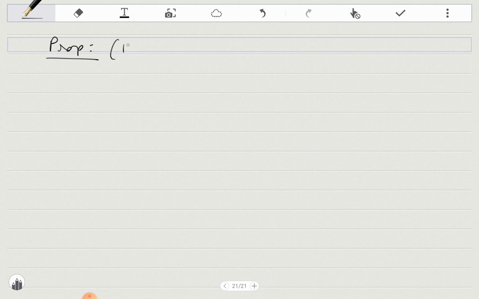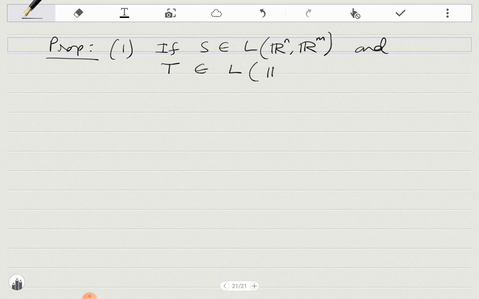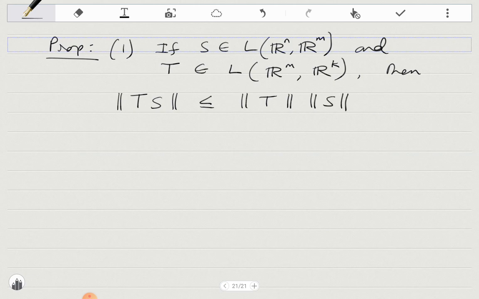Now let's note one very crucial property. If S belongs to L(Rn, Rp) and T belongs to L(Rp, Rm), in other words, if I'm able to compose two linear transformations, then the norm of the composition is less than or equal to the product of the norms.